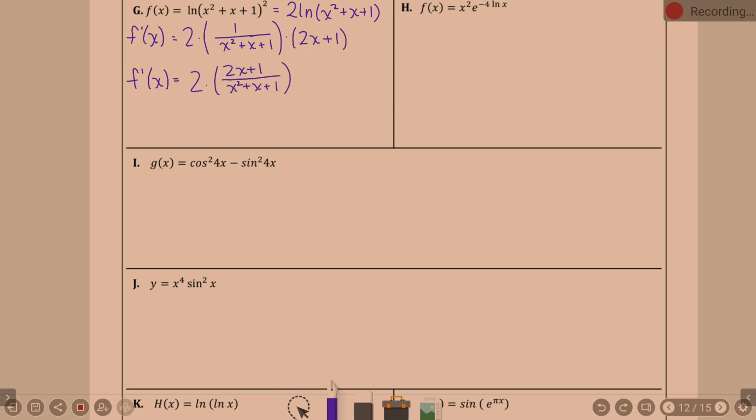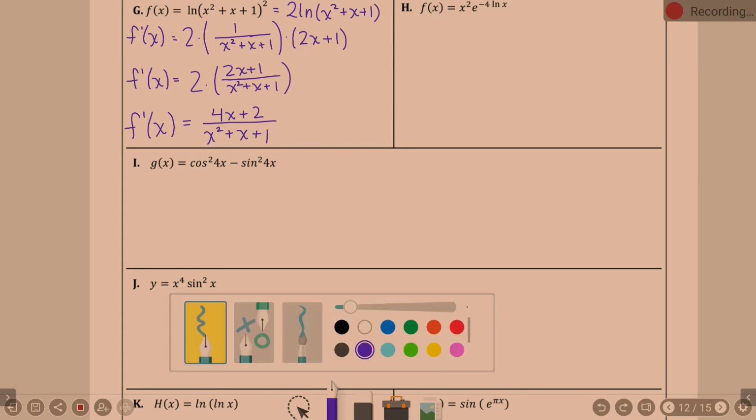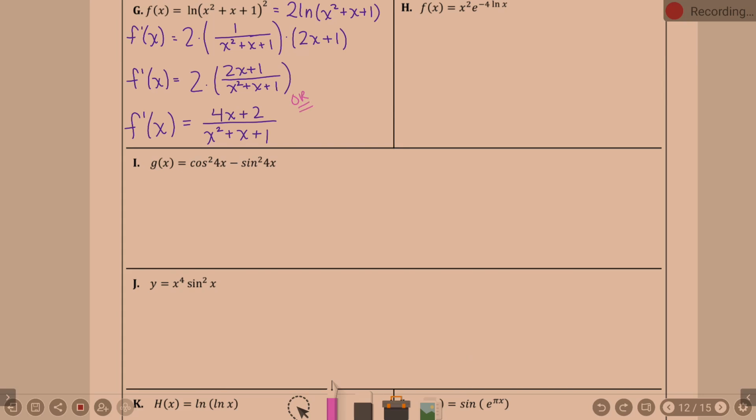Or you could go ahead and put that 2 on top of the fraction. You could distribute it out or not distribute it out. So this is going to be an or option. If I take that 2 on top and distribute it, we're at 4x plus 2 over x squared plus x plus 1. So do remember, I would say one of those last 2.